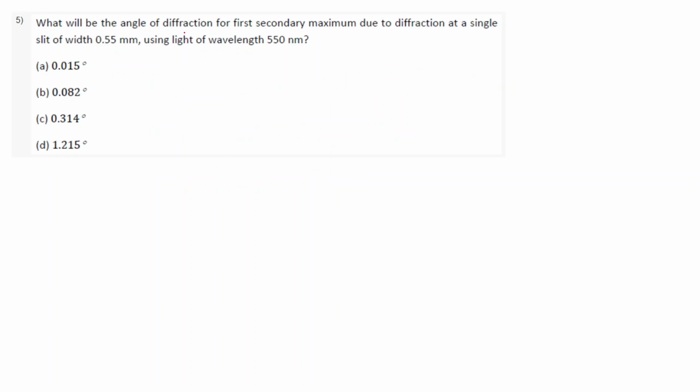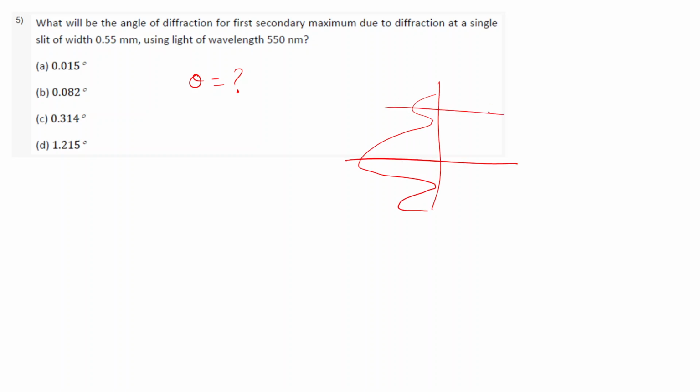What will be the angle of diffraction for the first secondary maximum? So we get something like this, right? This is the central maximum, this is the first secondary maximum.